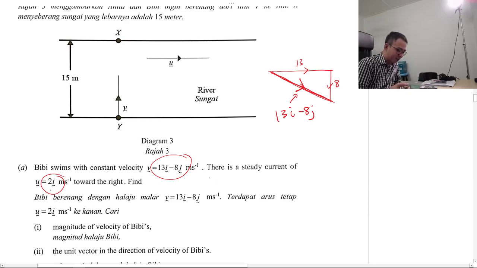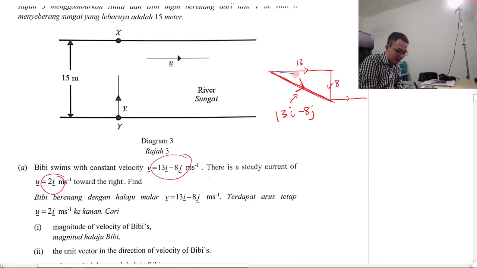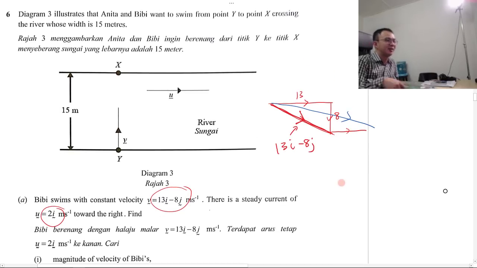But if I add V plus U, I plus another U, I still get a vector that looks like this, which doesn't lead to Y going to X, because going from Y to X, this direction is obviously going downstream. But if I ignore the direction, this question becomes very easy.